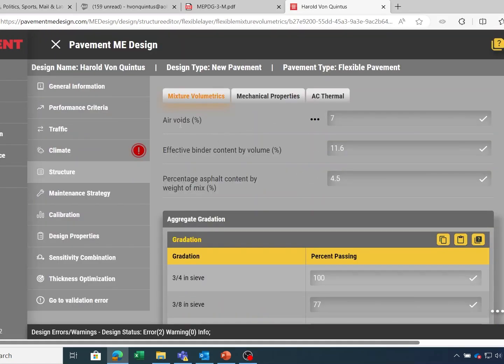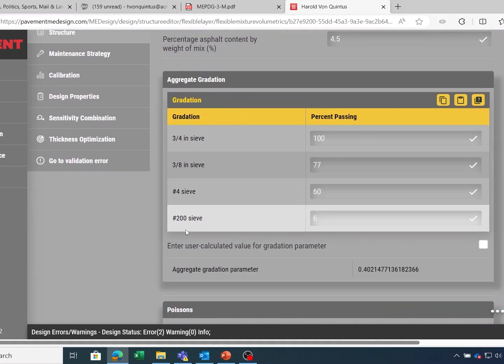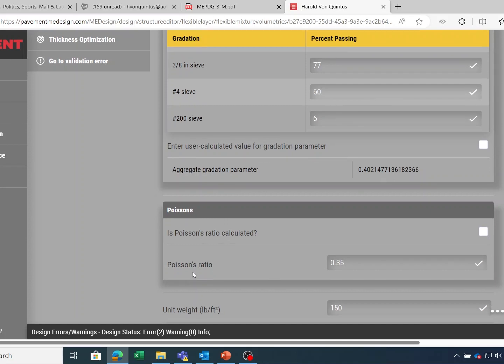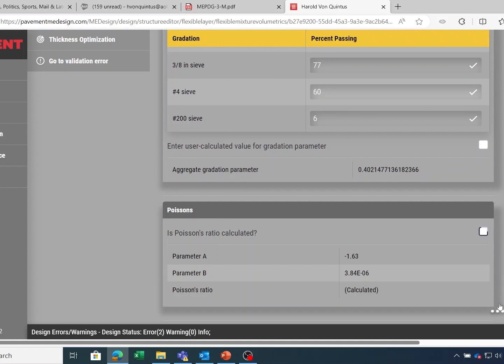For the lower layer, again, we have air voids, effective binder content by volume, percent asphalt content by total weight of mix, and the gradation parameters, which are going to be calculated internally by the program, or the user can enter them. And then Poisson's ratio can either be calculated or a constant value can be entered.